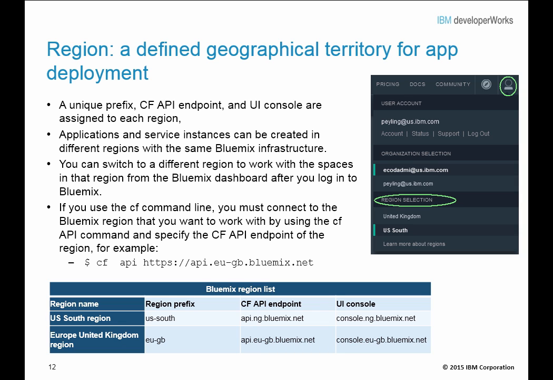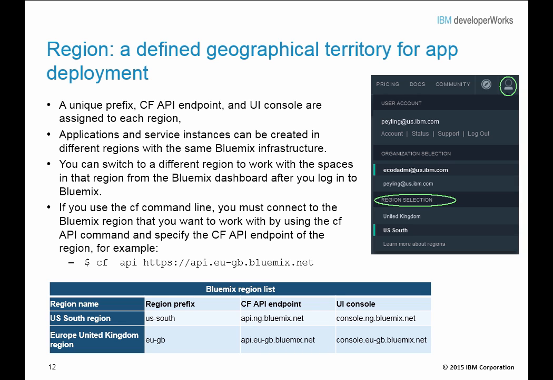If you are using the CF command line interface, you must connect to the Bluemix region that you want to work with by using the CF API command and specifying the API endpoint of that region. For example, enter the following command to connect to the Bluemix Europe, United Kingdom region: cf api https://api.eu-gb.bluemix.net.